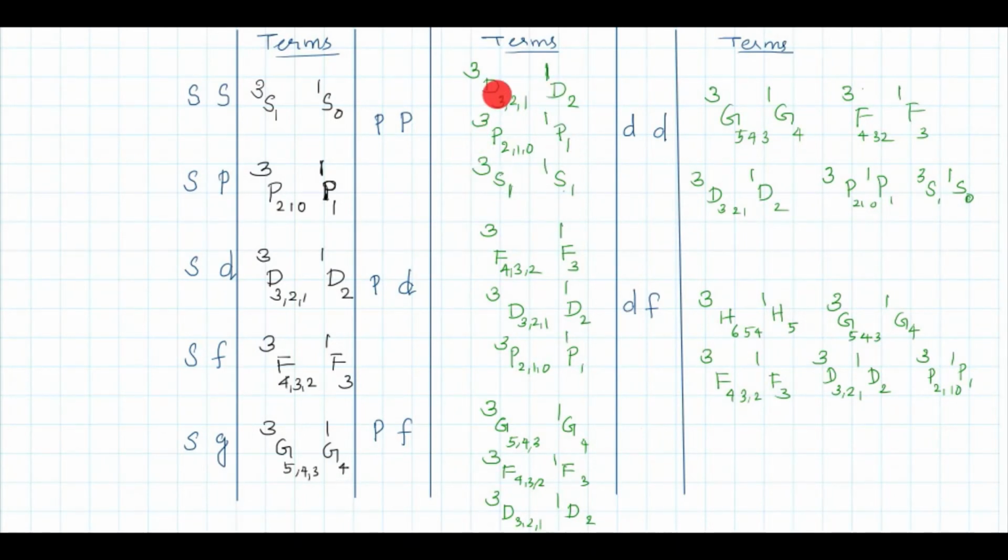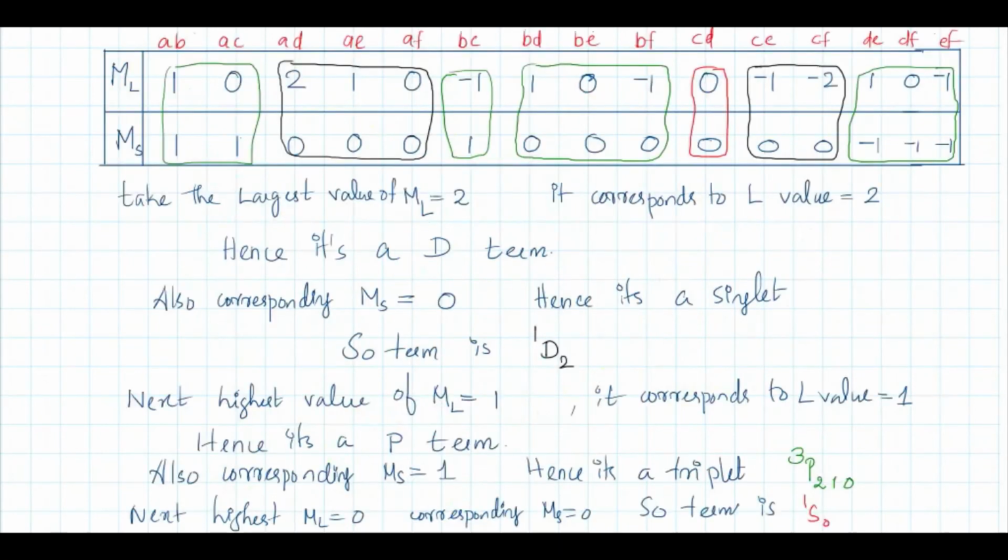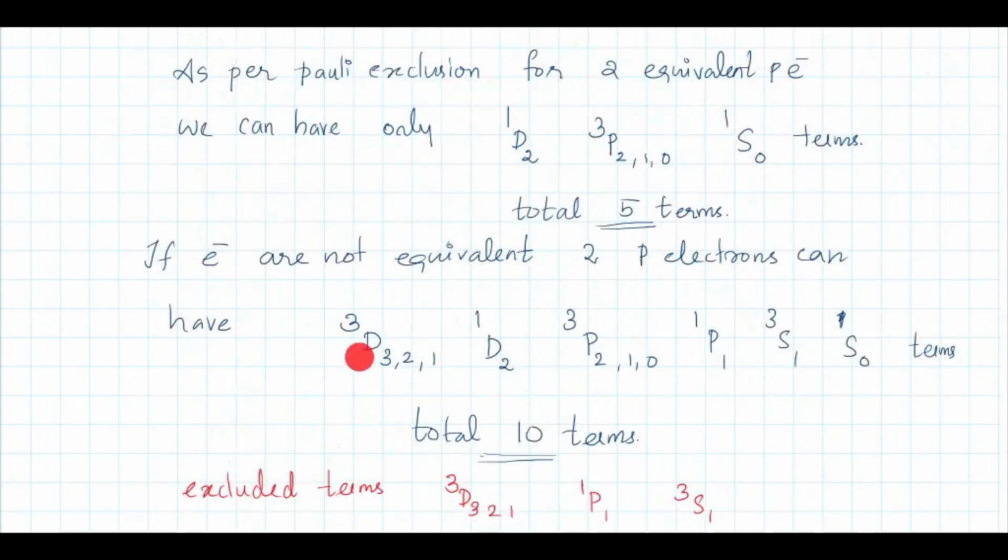We can have triplet D, singlet D, triplet P, singlet P, triplet S, singlet S. Total 10 terms will be there if you have two non-equivalent p electrons. But if it is equivalent p electrons, then 5 terms will be excluded.